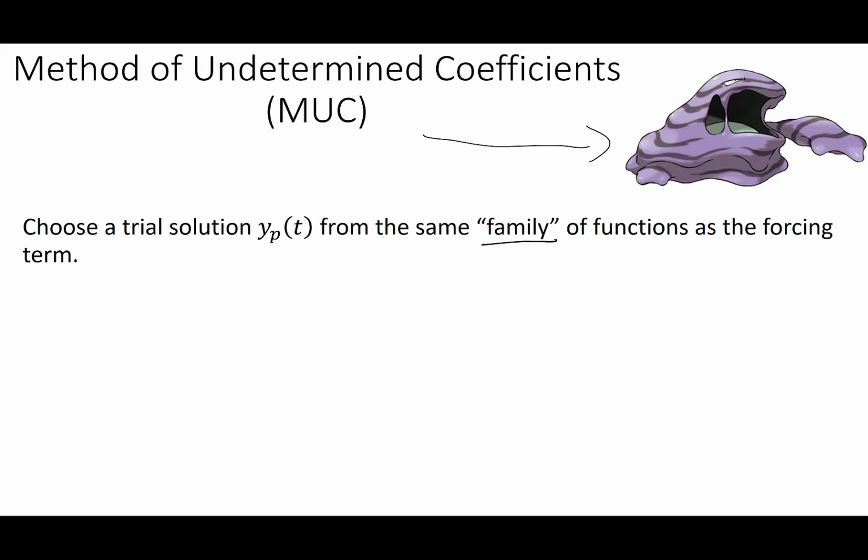So to demonstrate, let's suppose, like in our last example, that our forcing g of t was just t. Well, this comes from a linear family of functions, so we're going to choose a trial solution, which is a generic function chosen from that family.